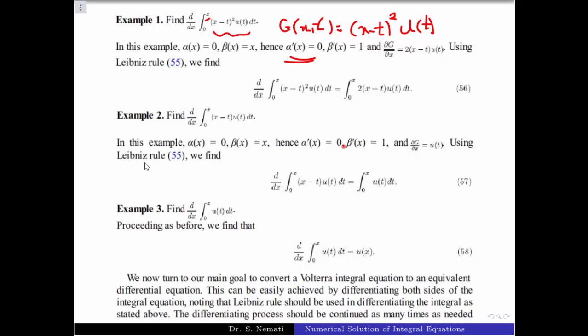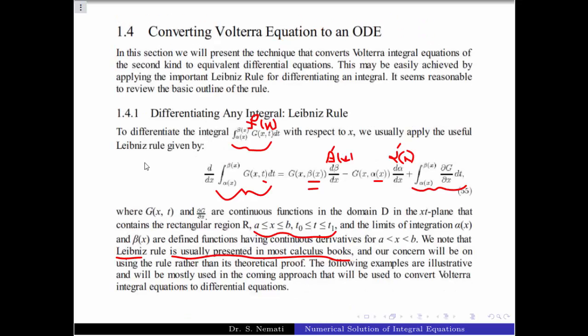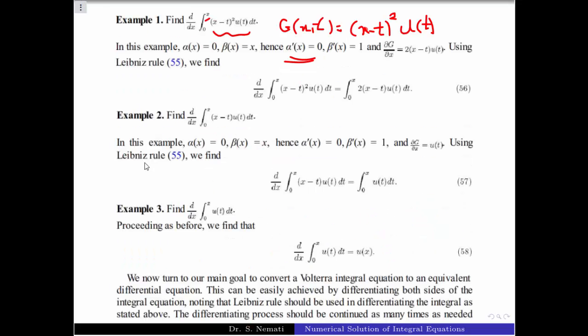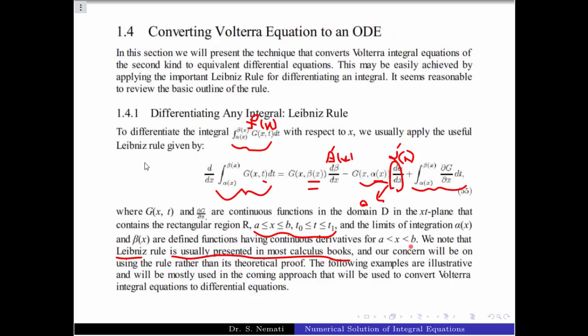One of them because of this, and the second part, since alpha prime is 0, we have this part 0. And here, since the function g is given by this formula, we will have x minus x here, and it will be equal to 0. So the first two parts will be 0, and only the last part or integral part will remain.